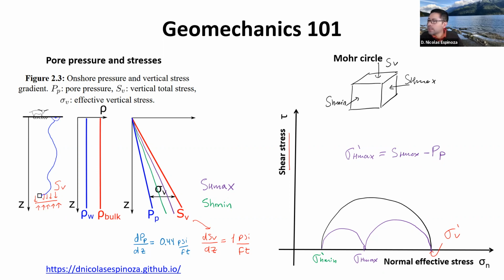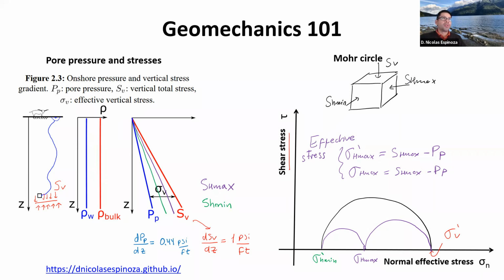So here, sometimes you will see I use sigma with a tilde for the effective stress. Some other times I may use this other convention without the tilde, but both of these are effective stresses, and the same applies to the other stresses, vertical and minimum horizontal stress.